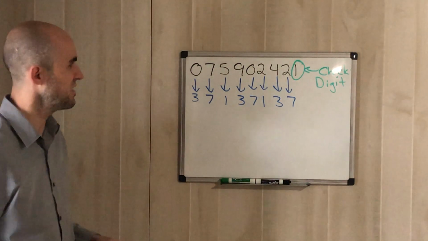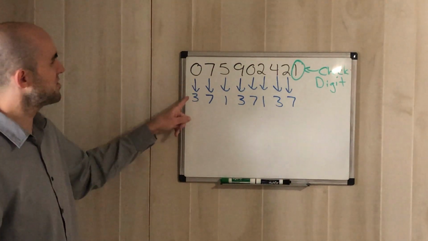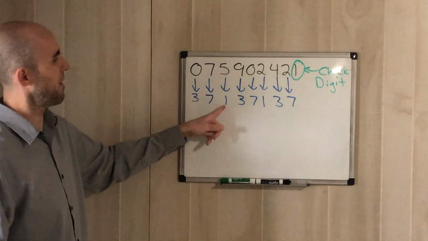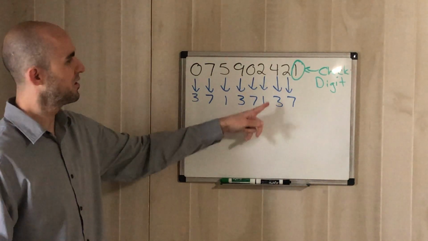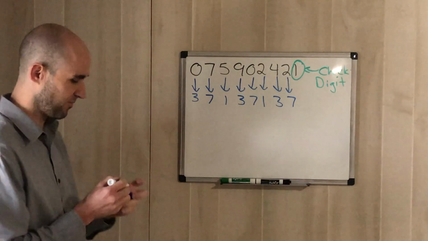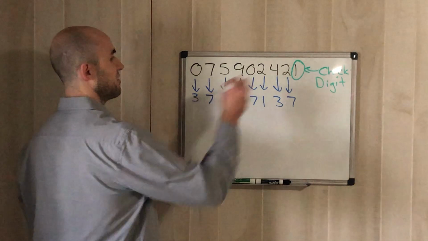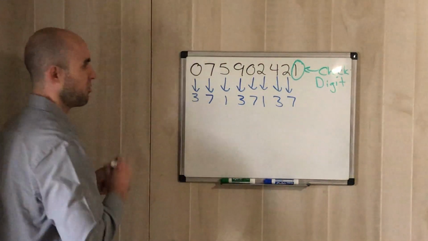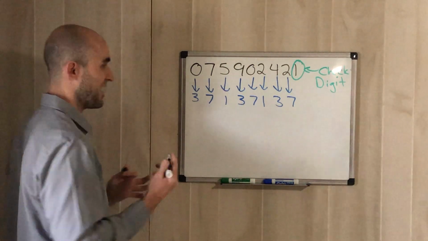So again, the pattern always starts with the first number, multiply by 3, multiply by 7, multiply by 1, 3, 7, 1, 3, 7. And the reason we stop at 7 is we run out of numbers, right? So we're going to do all this now to make sure that that number actually works out, right? And so, just like we did last time, we're going to multiply them and then add them up.